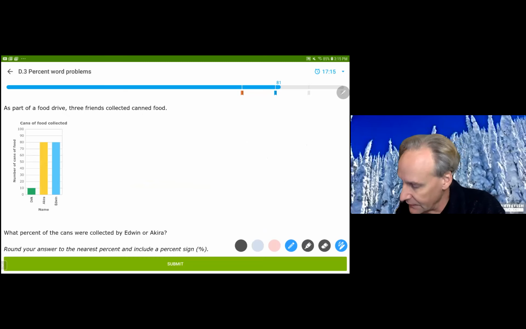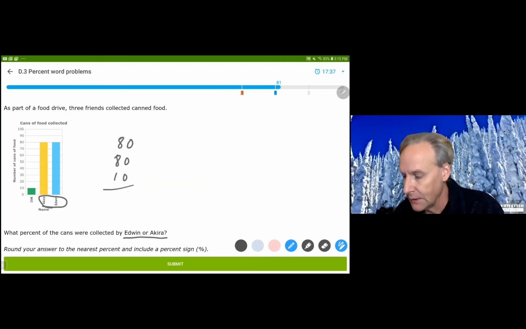What percent of cans were collected by Edwin or Akira? So Edwin and Akira are going to be a huge part of the percentage, aren't they? Now, there's a way I could do this in my head and find the percentage more easily, but I'm going to go ahead and add them up. That's 80 and 80 and 10. So we have 80 and 80, 160 and 10 makes 170, doesn't it?